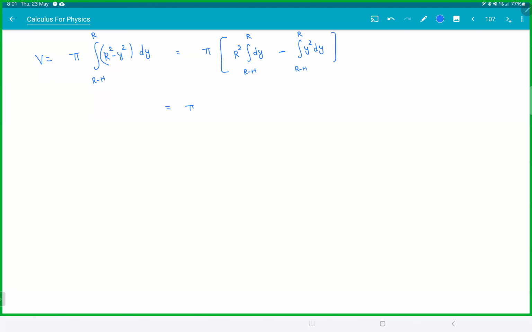So this integration is simply pi r square, that will give you y. Limits will go from r to r minus h, minus y cube by 3. Limits will go to r minus h. So this is r square, and this would be r minus of r minus h, minus 1 by 3 r cube minus r minus h whole cube.